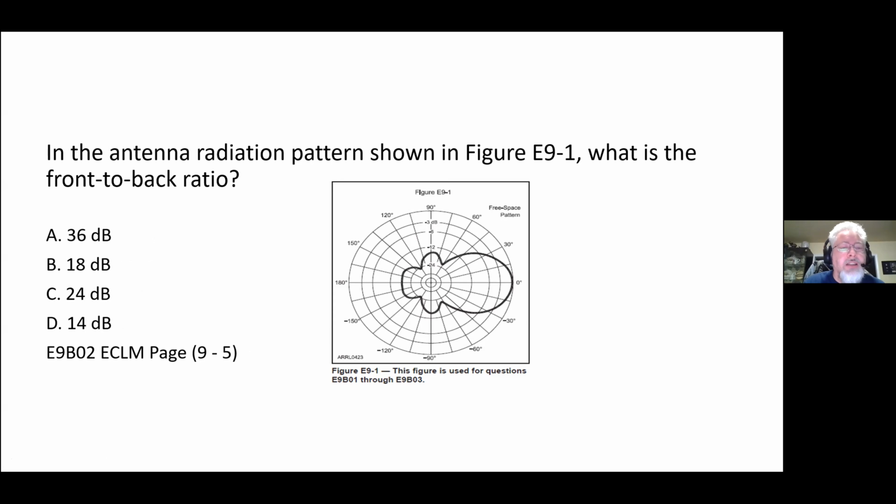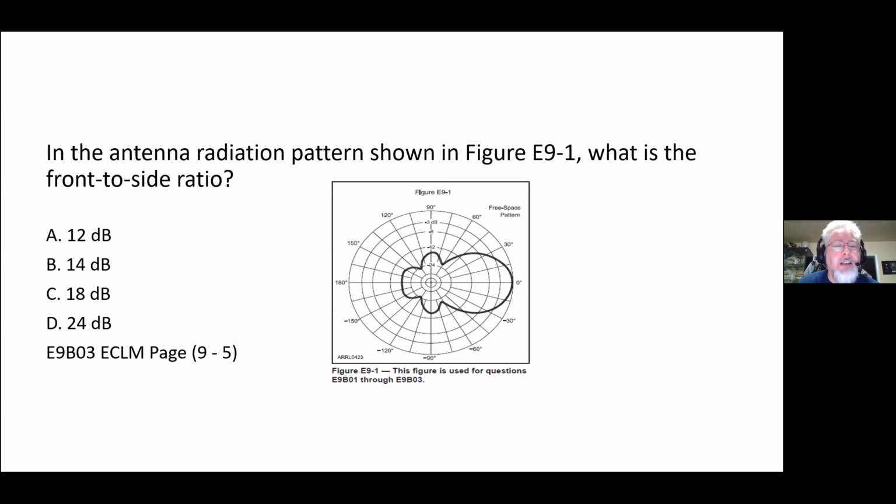In the antenna radiation pattern shown in figure E9-1, what is the front to back ratio? A, 36 dB, B, 18 dB, C, 24 dB, or D, 14 dB? Bravo. Bravo is correct, 18 dB.